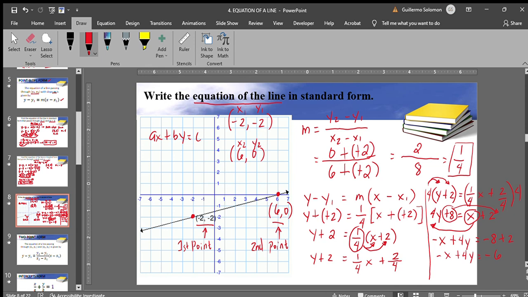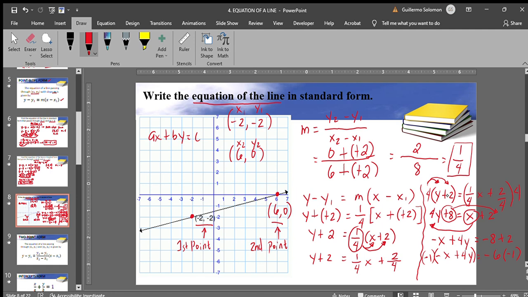And then, since ang first term ay negative, okay, yung x term natin ay negative, multiply it both side by negative 1. So, negative 1 multiplied by negative x, magiging x.